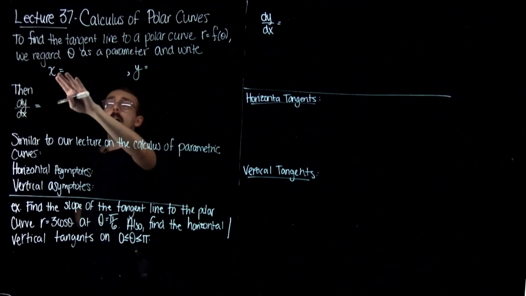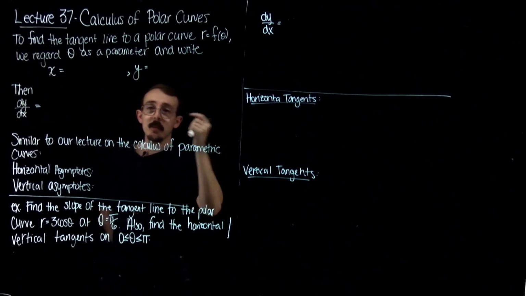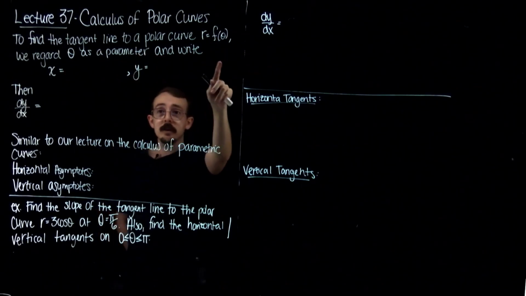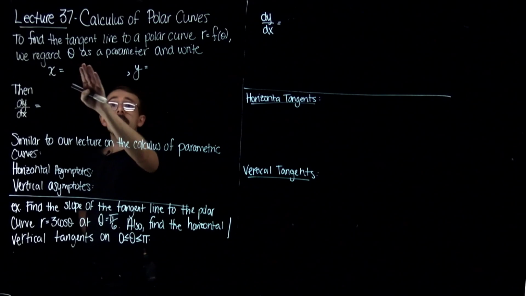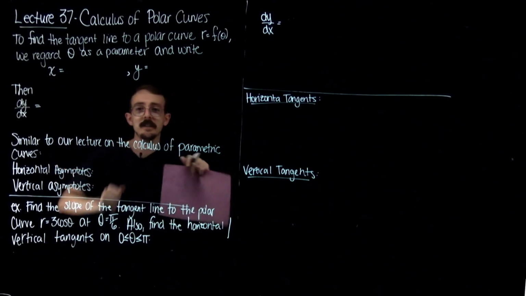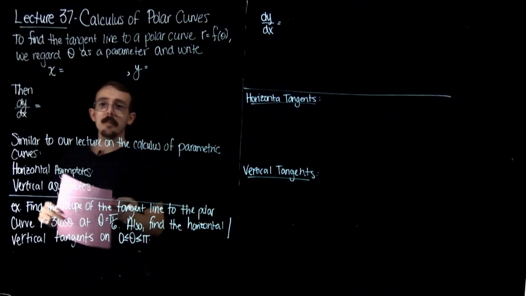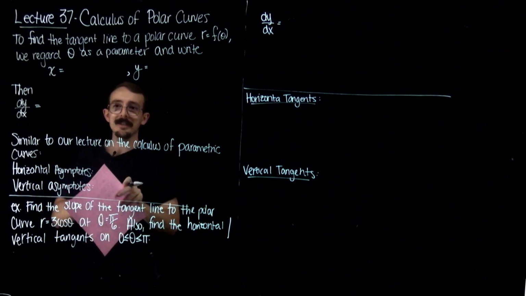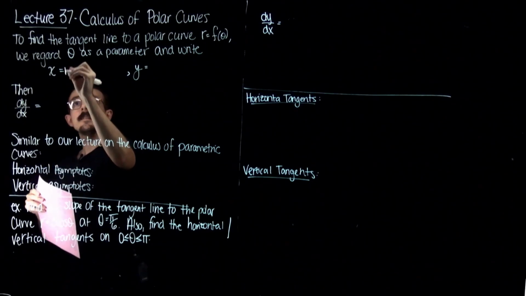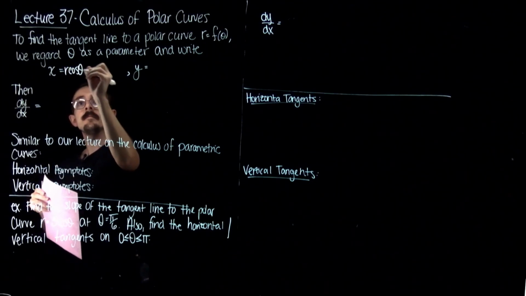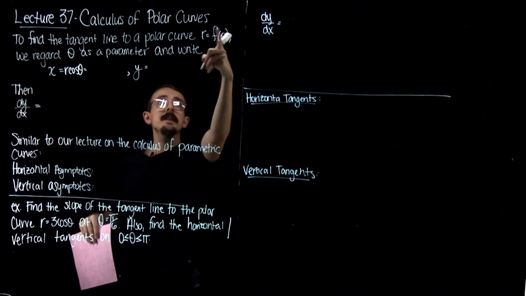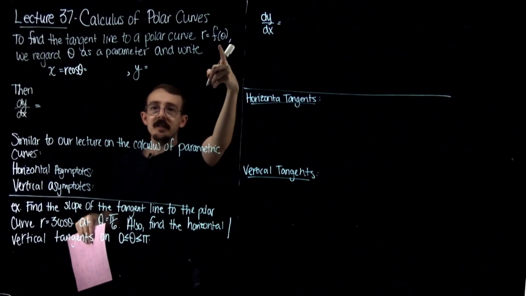In calculus, finding the tangent line is a very important concept. To find the tangent line to a particular polar curve, you regard theta as a parameter. We're going to start by writing our polar equations that we learned in the polar section of this course. So x is equal to r cosine theta. And here we have a function r equals some function of theta.